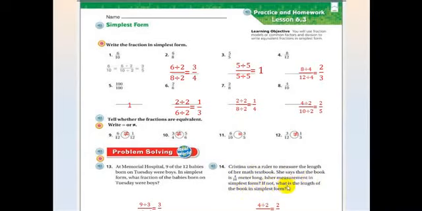If not, what is the length of the book in the simplest form? Here, 4 over 10 in the simplest form, no, it is not the simplest form. What is the simplest form? It will be 2 over 5. Divide 4 by 2 equals 2. Divide 10 by 2 equals 5.